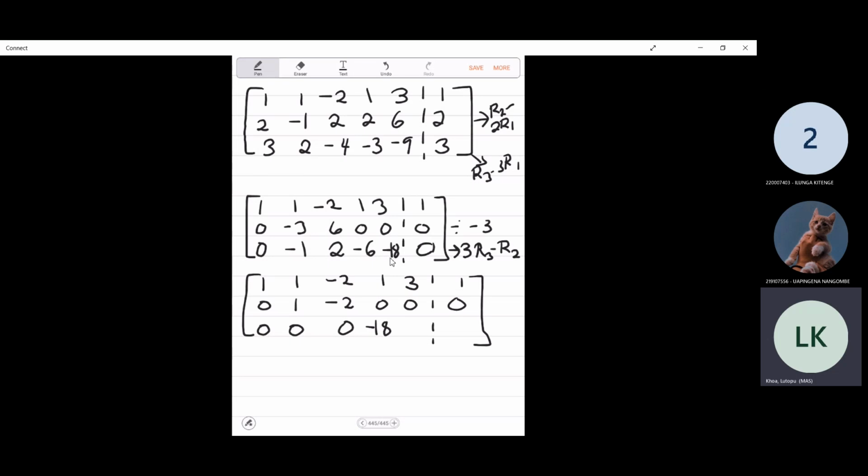And then here, minus 18 times 3 is minus 54. Minus 54 times minus 0 is minus 54. And then here, 0 minus 0 is 0. And then this row here I can divide by minus 18.